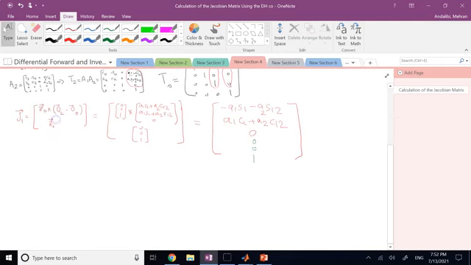What's the second column? Similar. In the second column, instead of zeros you have to plug in 1, because the index here, here, and here is always 1 less than that. So it's going to be Z1 cross (O2 minus O1), and Z1. Where do I get those?